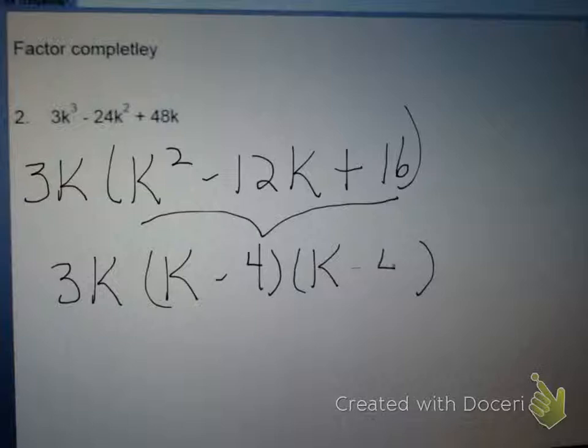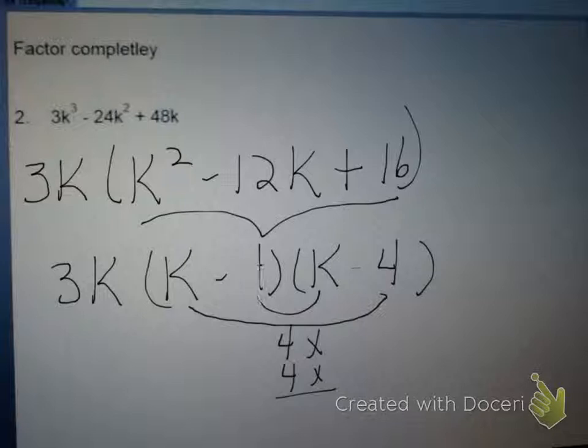The factors of 16 are 4 and 4. Let's check. That's a 4k, and that's a 4k, which is 8k. Is that my middle term? No, it is not. So this is not a perfect square trinomial. So I have to list all the factors of 16.